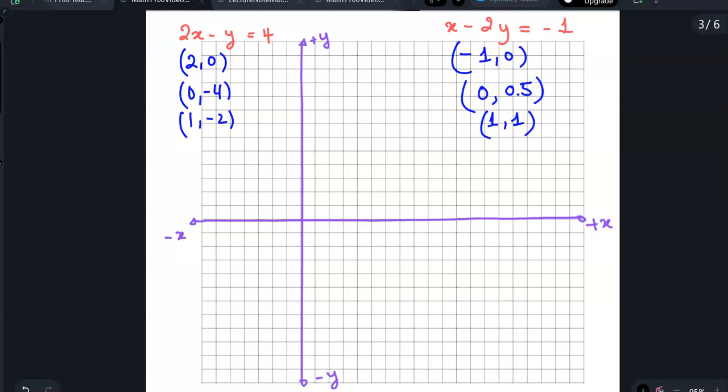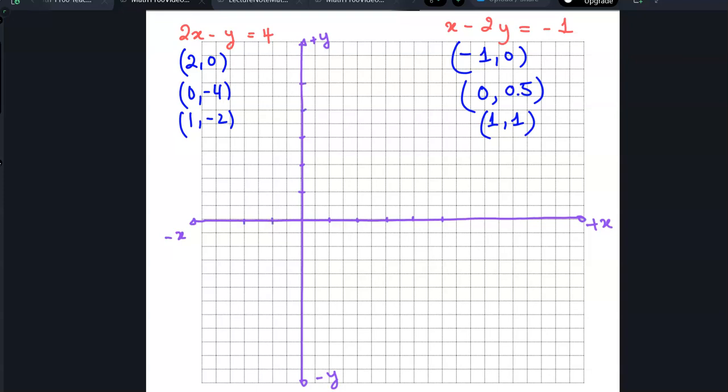So I'm going to use red. Okay, so 2, 0. Where do you find 2, 0? Let's work with our scale first. So I am going to identify this as 1, 2, 3, 4, 5. 1, 2, 3, 4, 5.